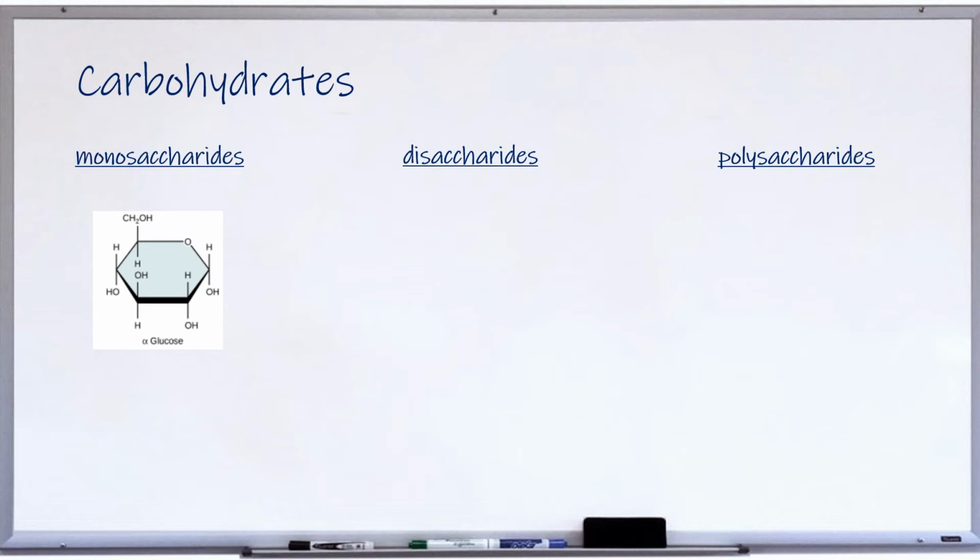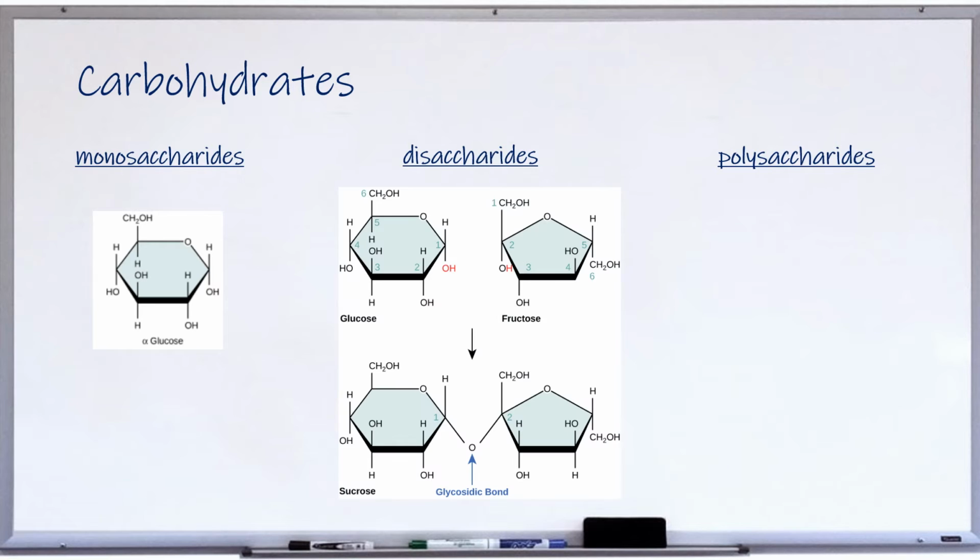The second type of carbohydrate is disaccharide. So disaccharides are made of two monomers by dehydration synthesis. Remember that? In dehydration synthesis, the hydroxyl group of the glucose and the hydrogen from the fructose, these are our two monomers, this hydroxyl group is attracted to this hydrogen. They break off and leave, forming water.